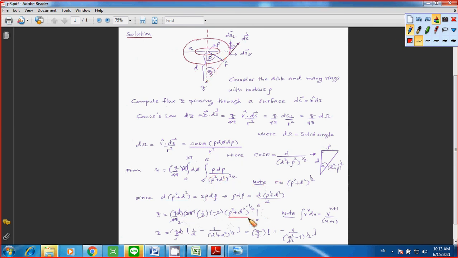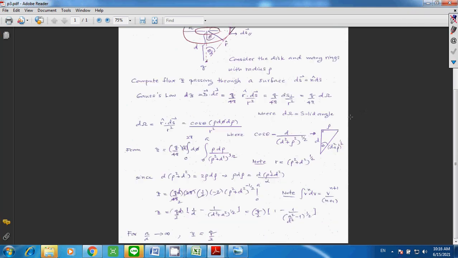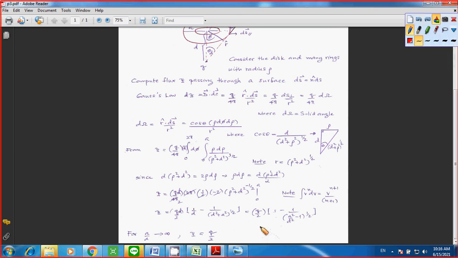And just do simple integration. You know that this is the basic calculation of integration. That's why I put a note here: integration of v to the power n dv is equal to v to the power n plus 1 divided by n plus 1. And this is my final electric flux.